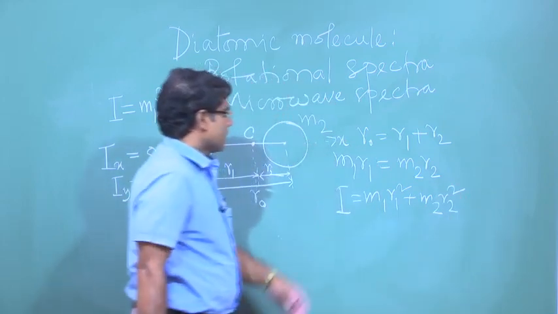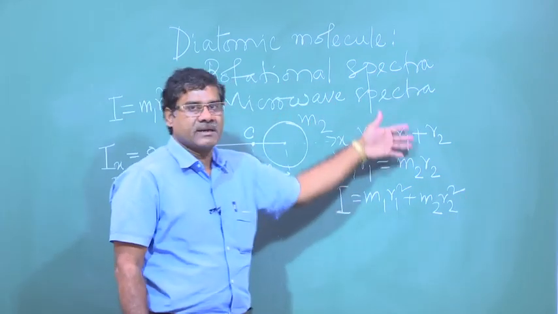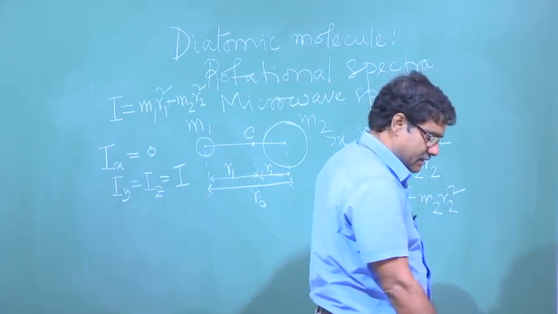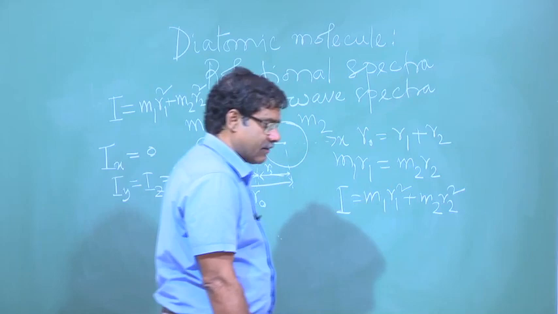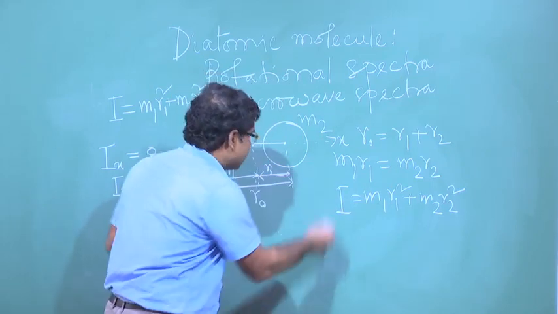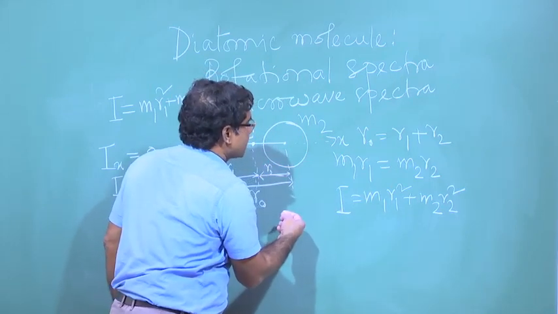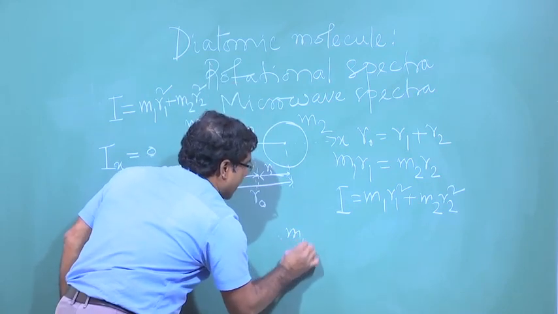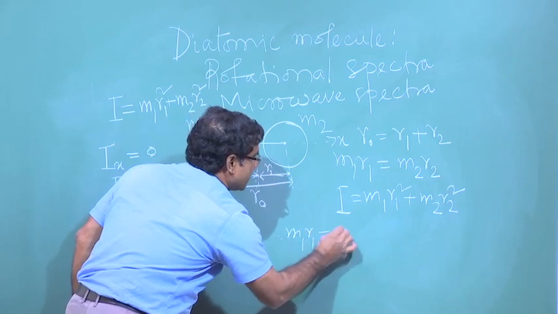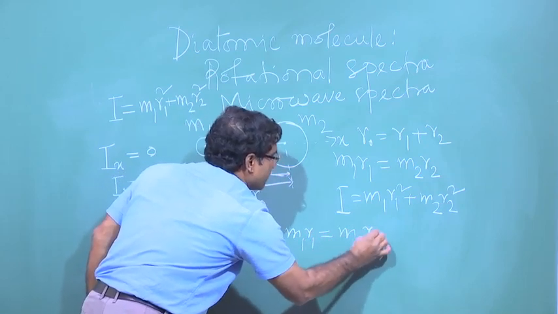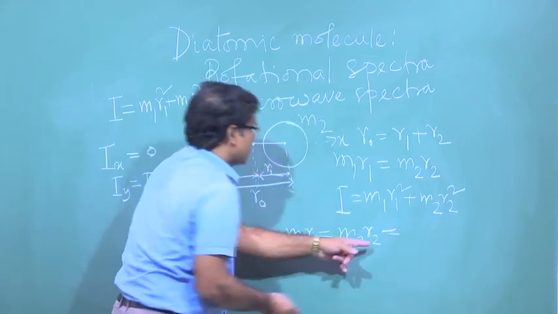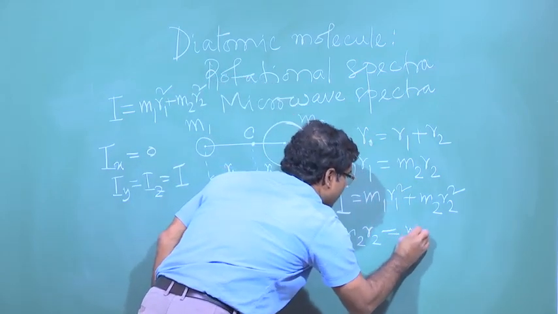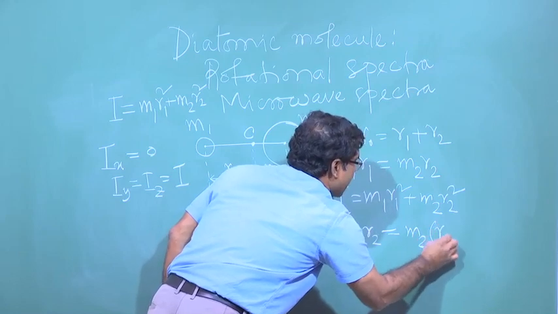From these three relations, I will not derive it fully, but I can show you. Let me do it. m1 r1 equals m2 r2. So, r2 I can replace by r0 minus r1, so m2 times (r0 minus r1).